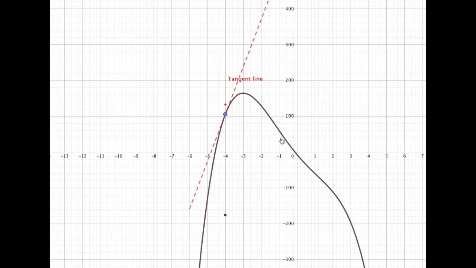As we are getting towards the maximum, we have a positive gradient, shown by the tangent line. Then as we slide across, the gradient is decreasing. It's getting shallower and shallower, and as we get to x equals -3, it is 0. We can see what's happened again with the derivatives.